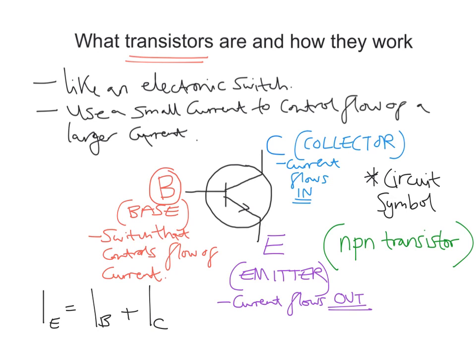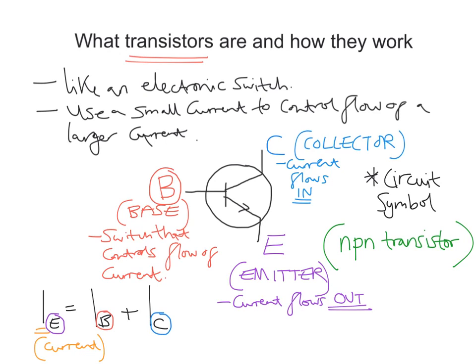The letter I here, that refers to current. That's why we use that symbol. E refers to current in the emitter. So we'll just put a little purple circle to represent that one. The B, as you might guess, refers to the current in the base. And the current that flows into the transistor through the collector is C.